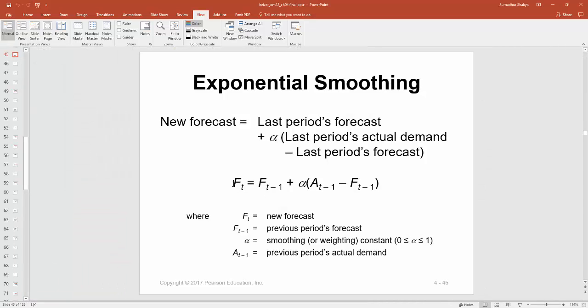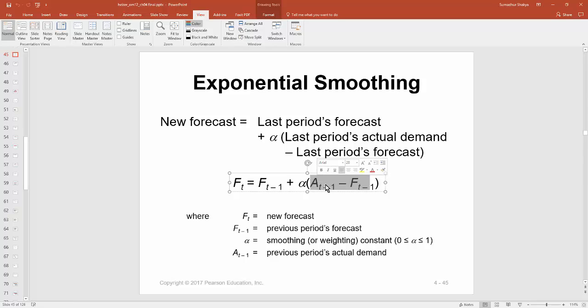So exponential smoothing allows us to forecast for any time period, which is equal to the forecast of the previous time period plus a certain percentage correction to the error, where an error is defined as the actual minus forecasted. So if you look at it from the perspective of the previous period, this is how far off we were in the last period. So this was our error.